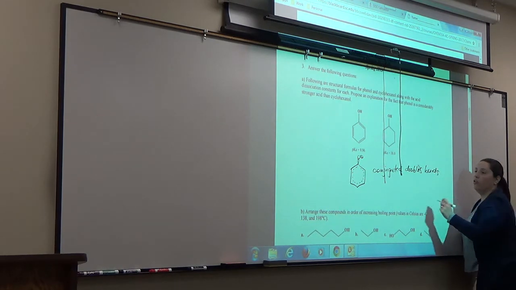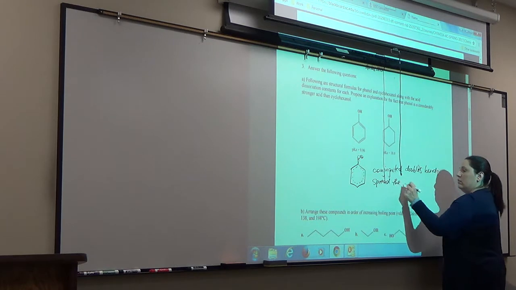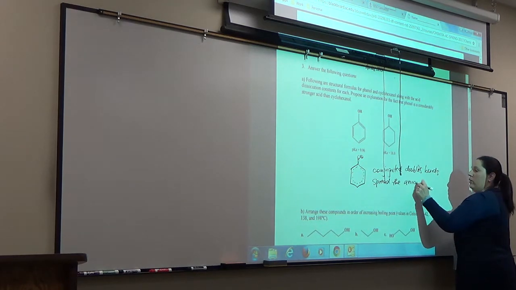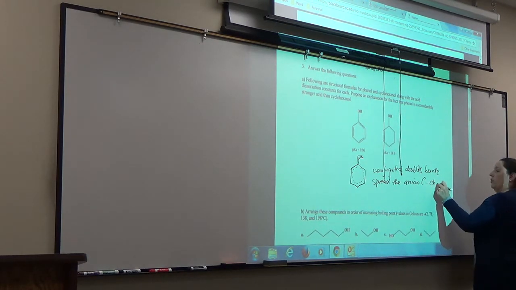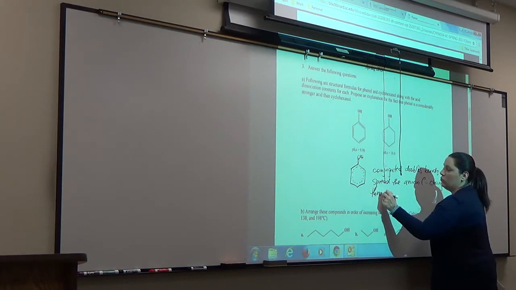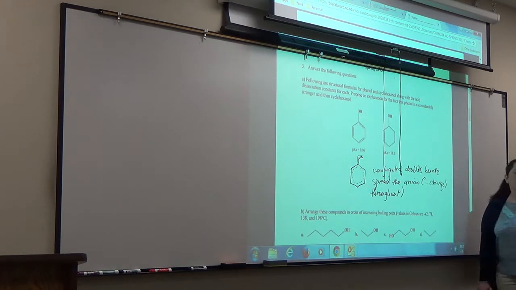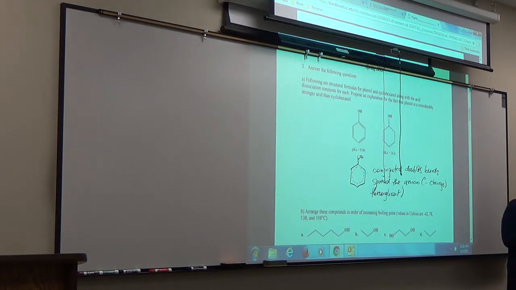And your goal is to spread the anion, the negative charge, throughout. That's why having a bigger atom, like comparing oxygen to sulfur, gives more spreading capability.